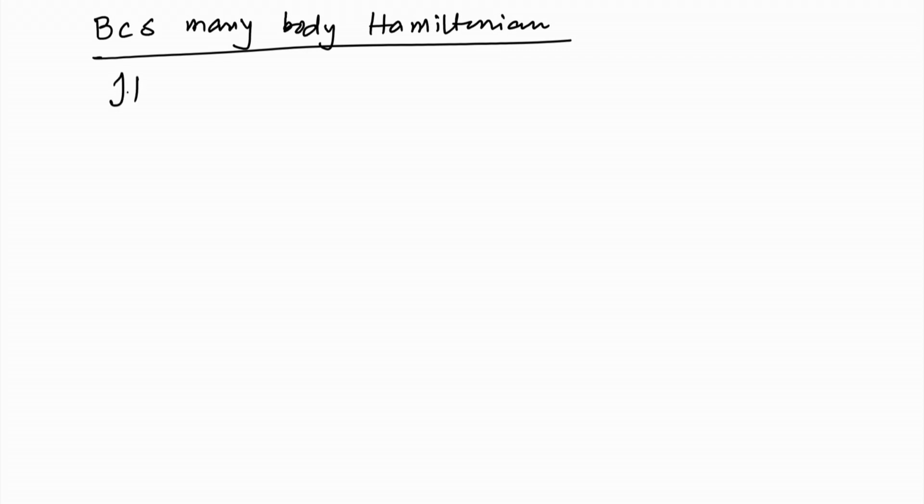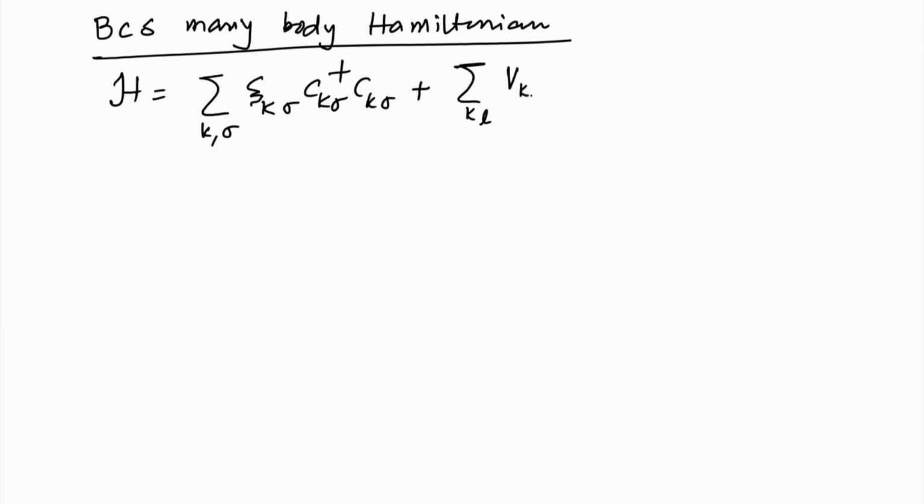And the Hamiltonian is a single particle term Σ ξ_k c_{kσ}† c_{kσ} plus a Σ_{kl} V_{kl} c_{k↑}† c_{-k↓}† c_{-l↓} c_{l↑}. That is the Hamiltonian, and of course, we know that ξ_k equals ε_k − μ.